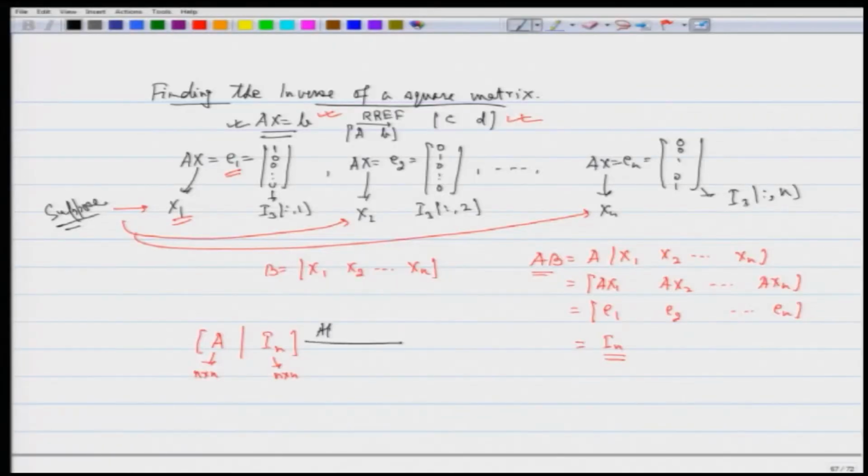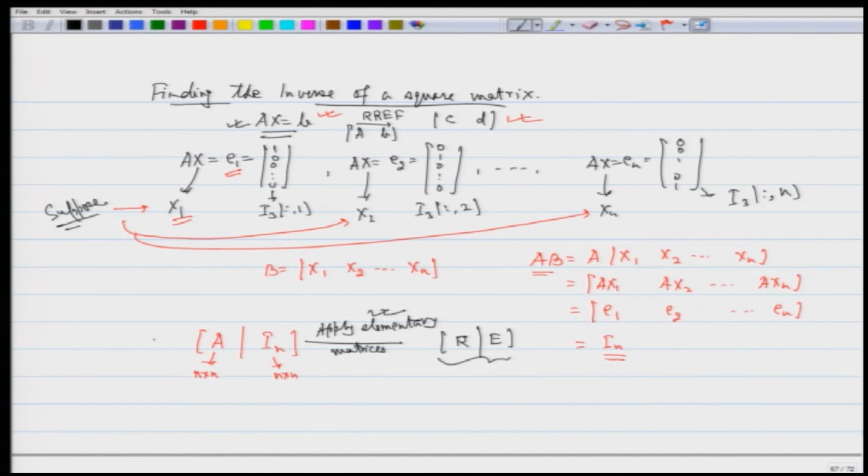So, I apply elementary matrices and get here some R and some matrix, say E, all right, fine. When I apply the elementary matrices, I will get this, fine. What does this mean here? When I am applying elementary matrices, they are invertible.